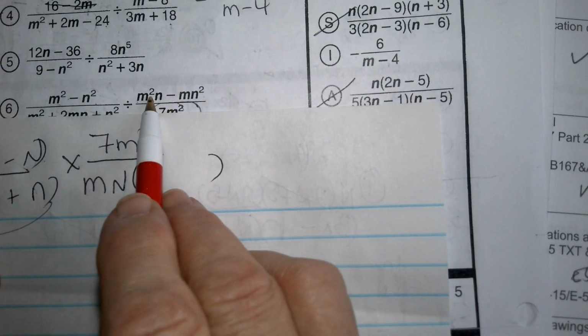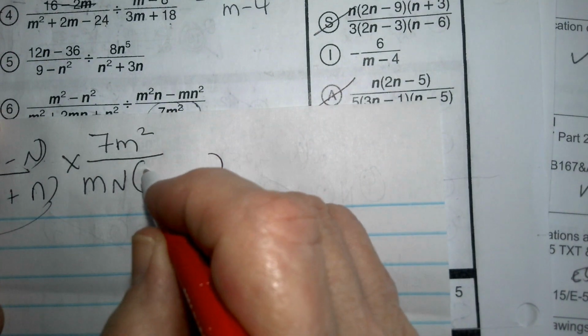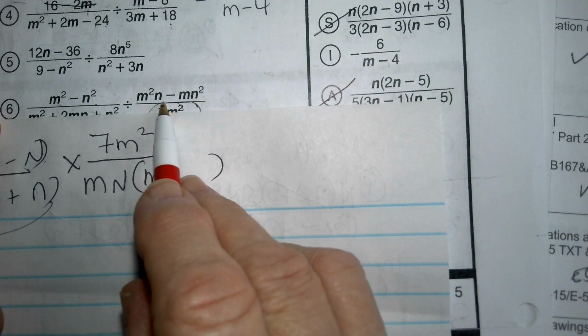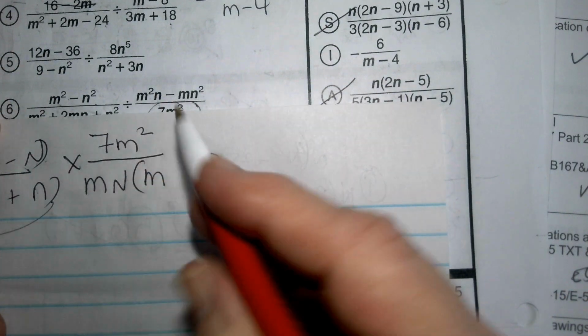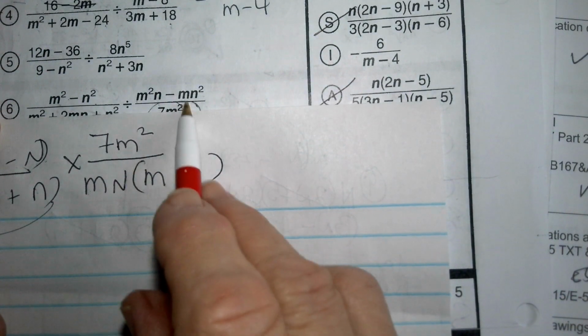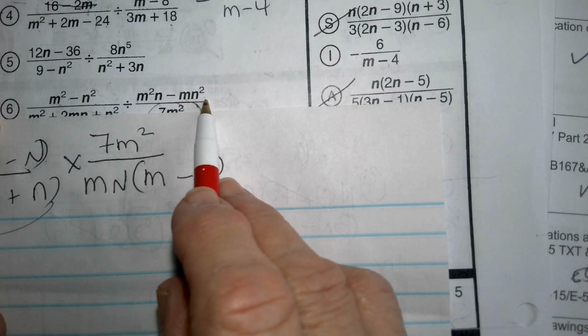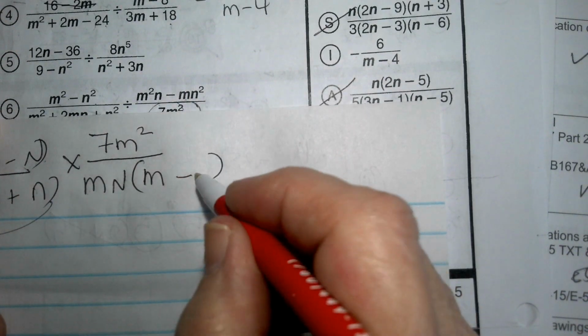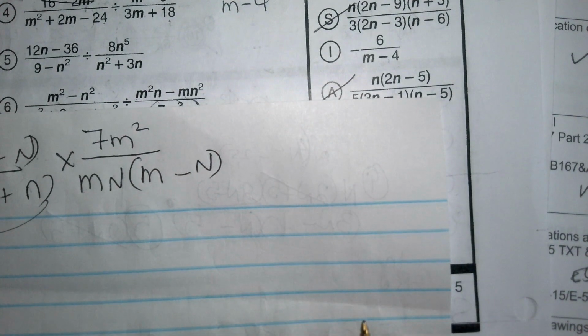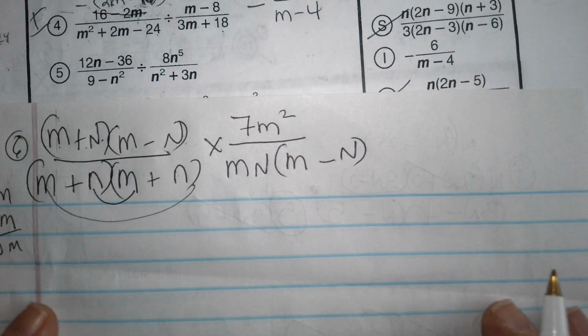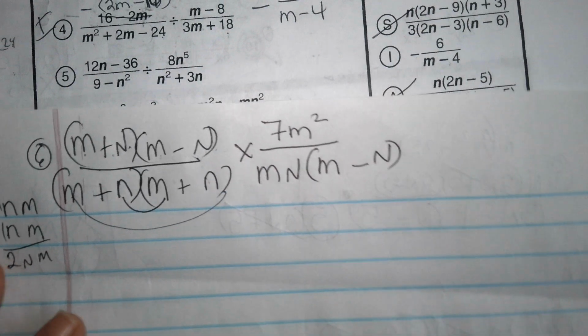If we pull out 1m, we'll only have 1m left. And we pulled out that n, so we don't have any n. Minus, we're pulling out 1m, so that m is going to be gone, and 1n. So what's going to be left here? N. Just an n. Okay. And then what can we cross out?